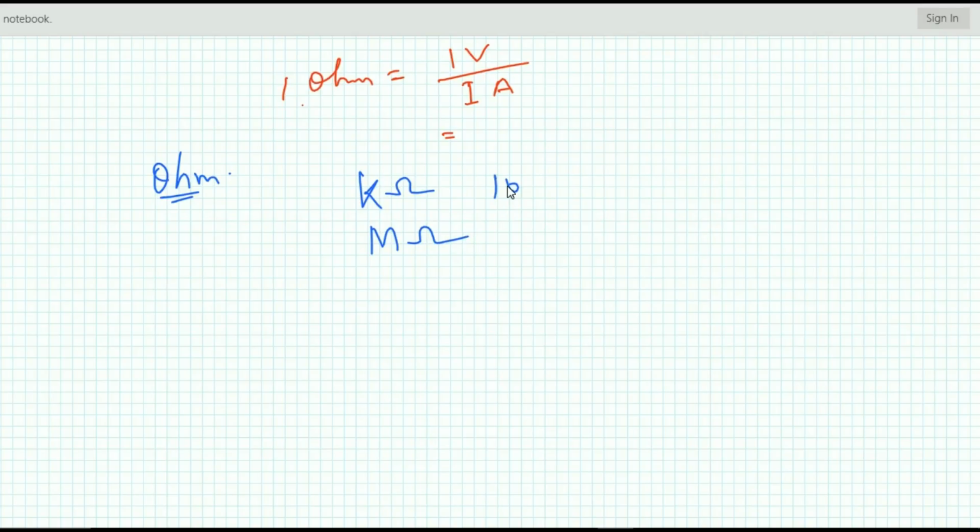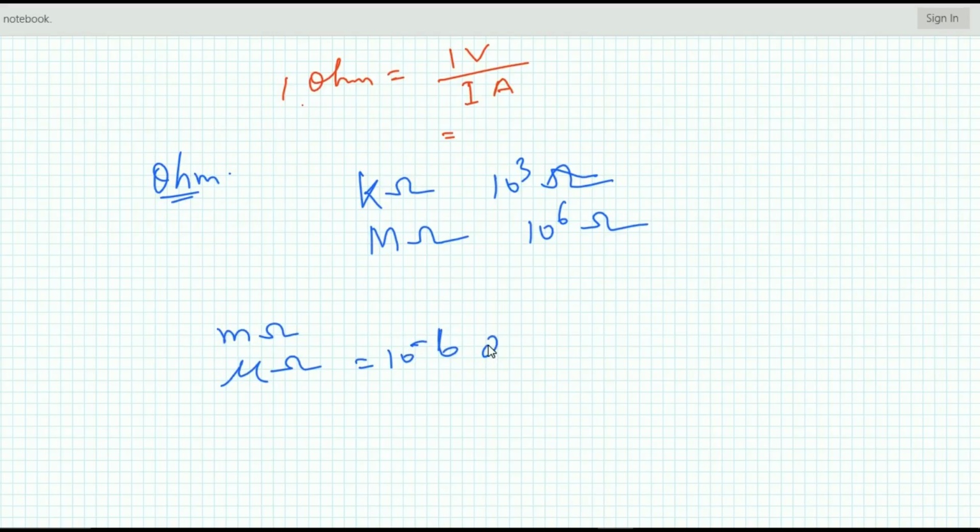Kilo means 10 to the power 3 ohms, and mega means 10 to the power 6 ohms. The smaller units are milli ohm and micro ohm. Micro equals 10 to the power minus 6 ohm, and milli ohm equals 10 to the power minus 3 ohm.